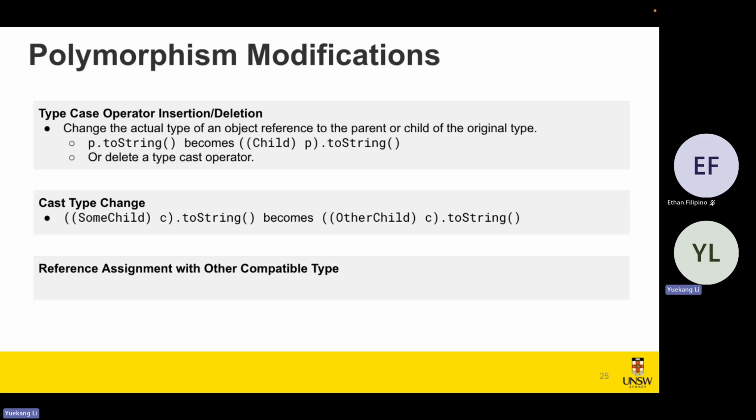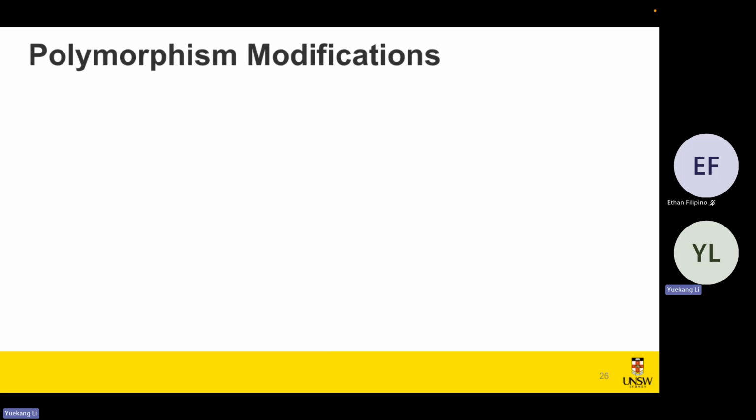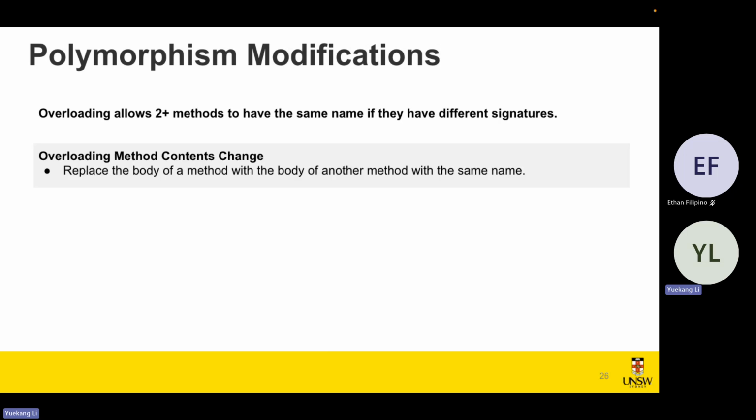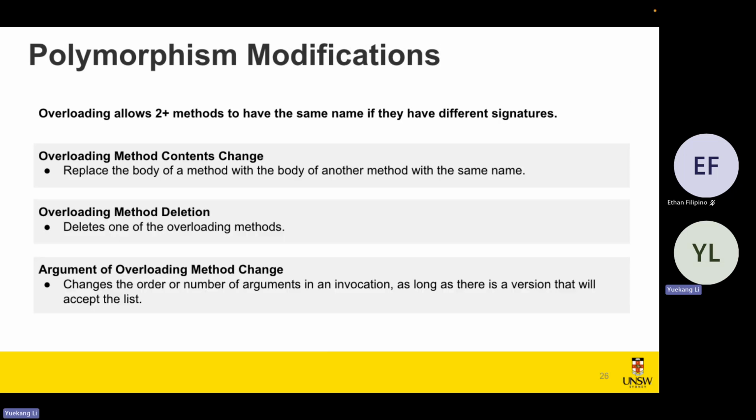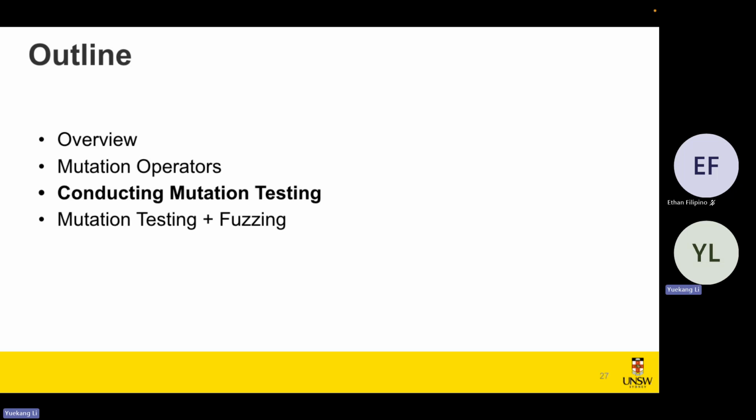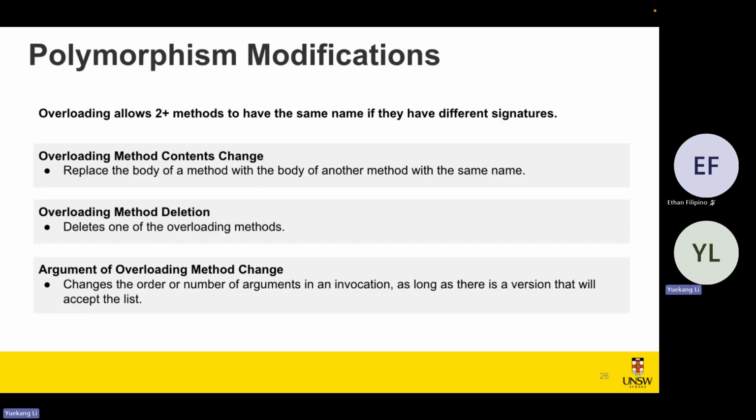We can also try to do some reference modifications. Of course we can also try to do some overloading to test polymorphism. And you don't need to remember all these mutations. You just need to remember some basic ones, like those applied at the operator or operand level, expression level, or statement level. But for the object-oriented level, they are just too tedious to be learned here.